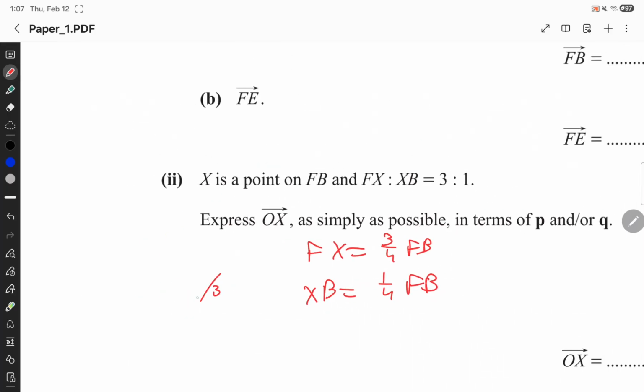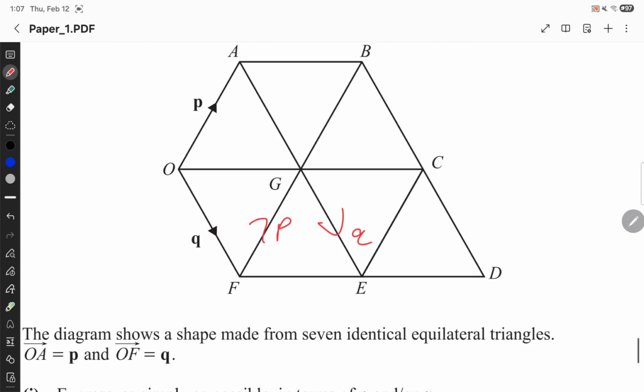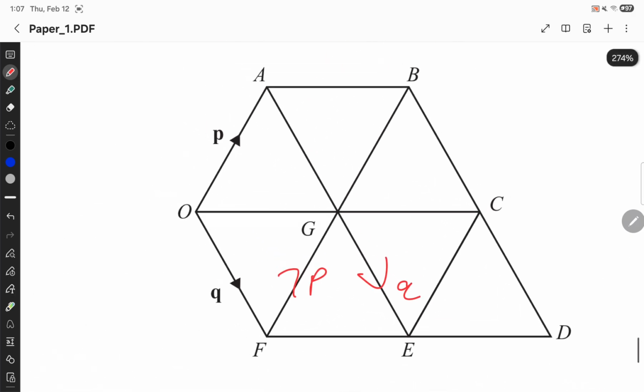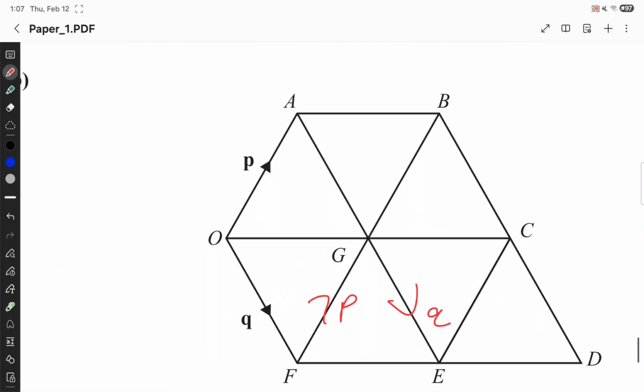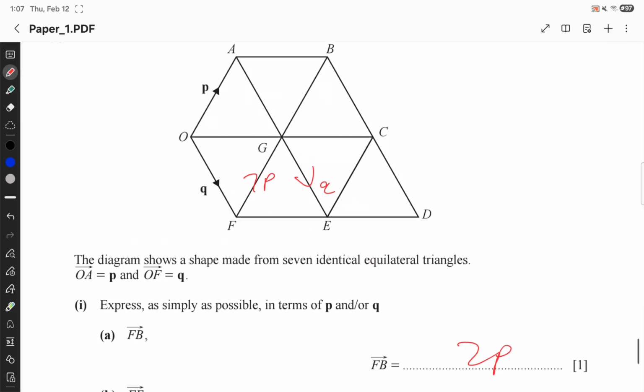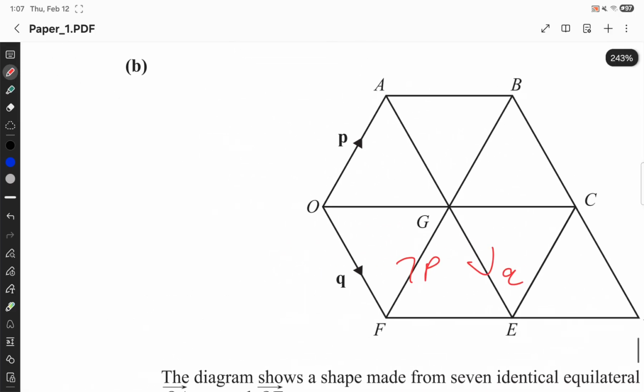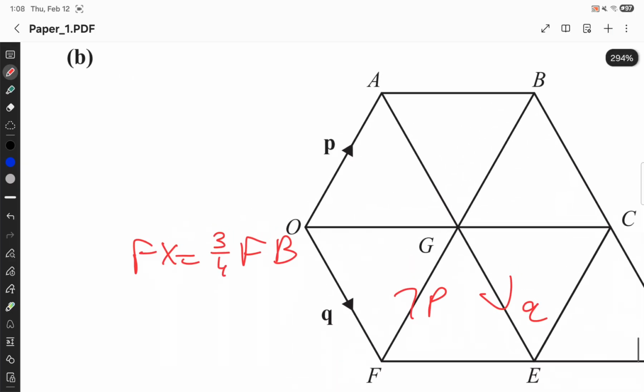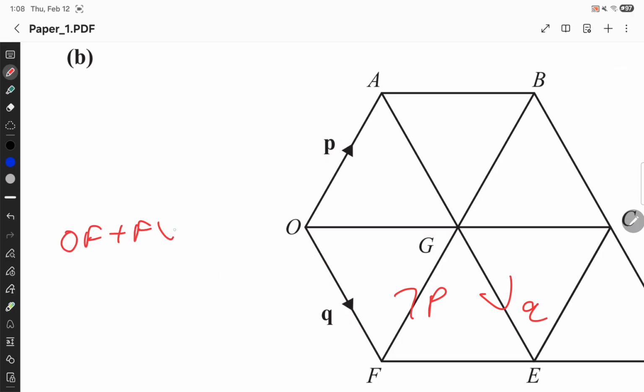Either we can use FX or XB to find OX. Let's just use FX. We know FX is equal to 3 over 4 FB, and let's combine, so it will be OF plus FX.